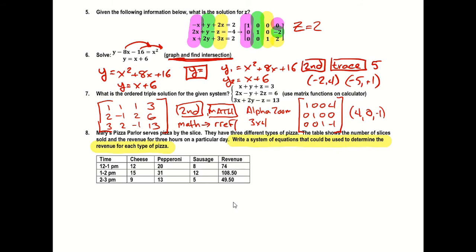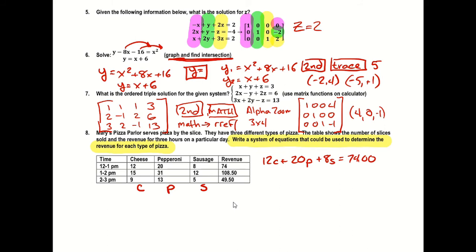Easy thing, and it makes sense to keep things simple, is we're just going to take the first letter for each of our pizzas. So our first equation, we have 12 cheese pizzas, 20 pepperoni, 8 sausage, and that's equal to $74.